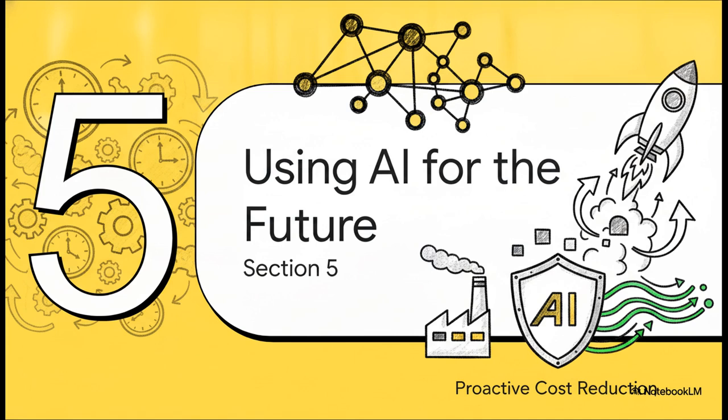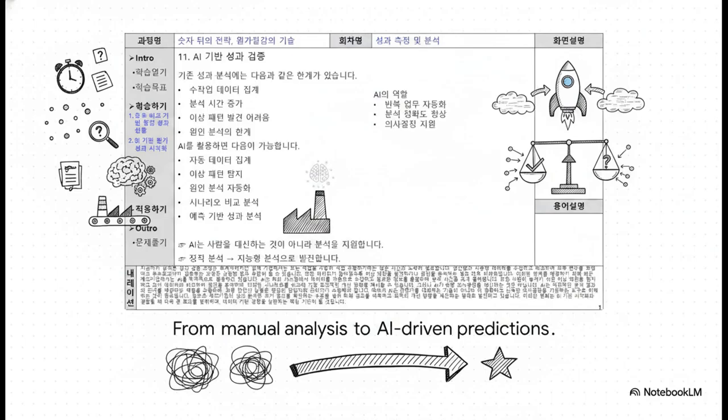Which brings us to our final part, Section 5, using AI for the future. Okay, so we've verified the past and we've visualized the present. Now it is time to move from being reactive to being proactive. Because let's be real, even with amazing BI tools, humans have limits. Gathering data, hunting down anomalies, manually running what-if scenarios, it takes a massive amount of time.